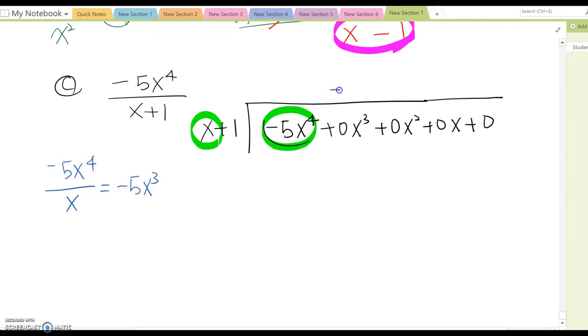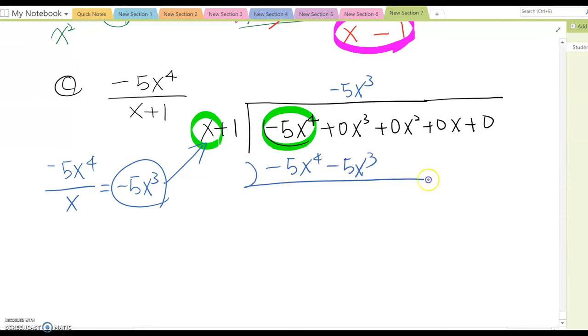So put negative 5x cubed here, and multiply this with the divisor, then it becomes negative 5x fourth minus 5x cubed. And we subtract, which means we switch their signs. So this is gone, and now the remainder becomes 5x cubed plus 0x squared.